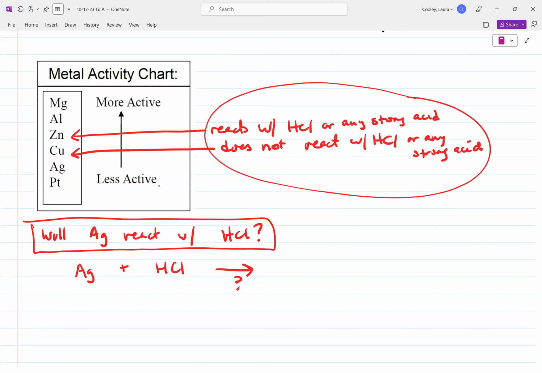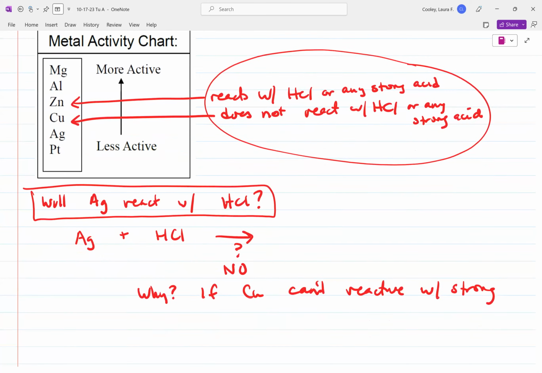Why? So she says no. So the reason why? Copper can't react with strong acid. Right.